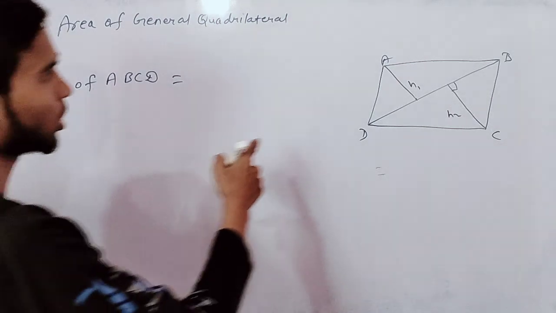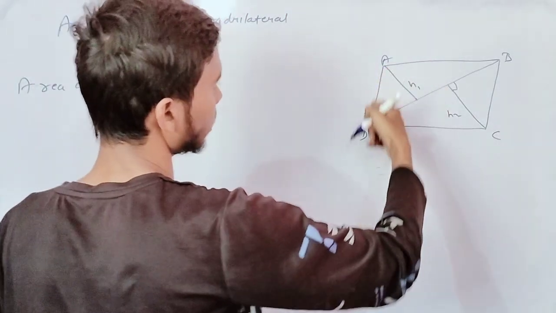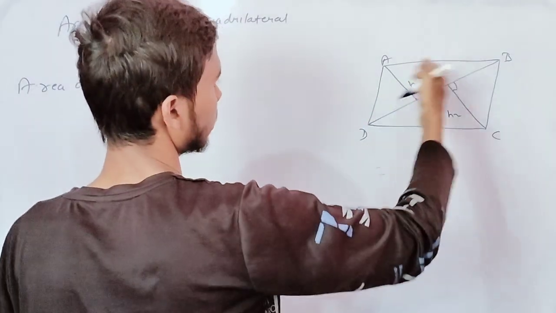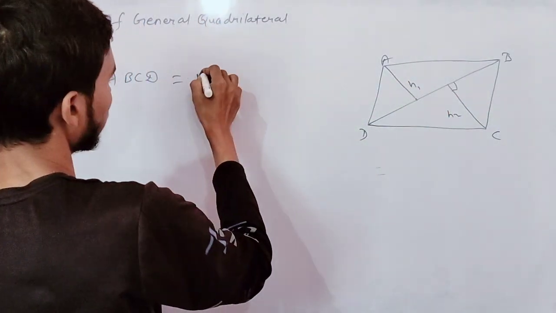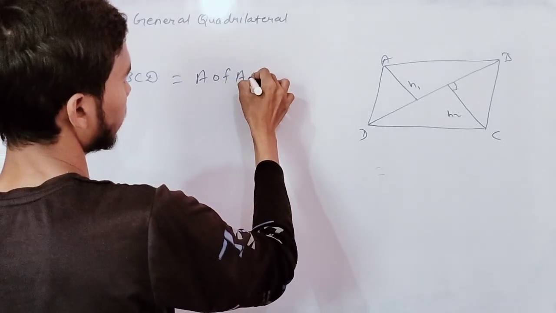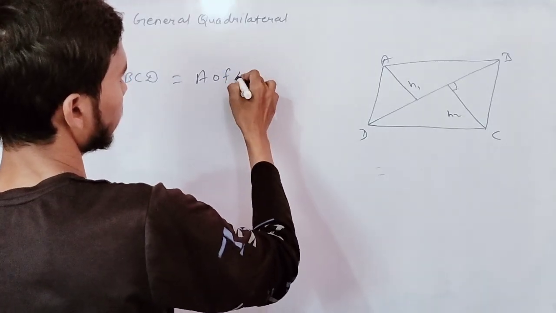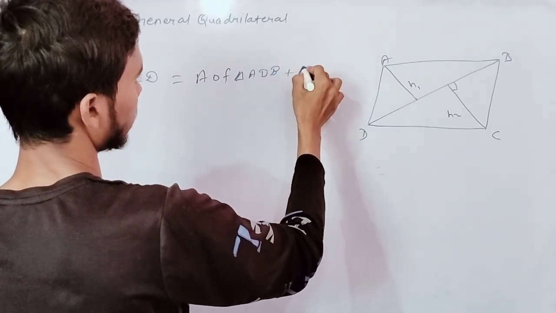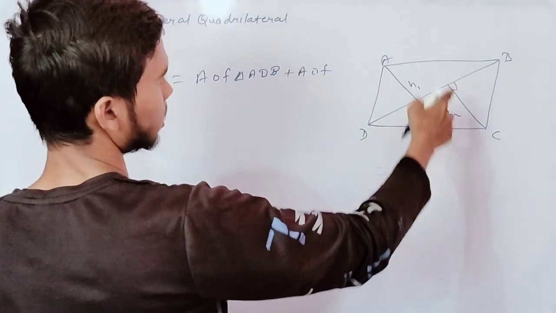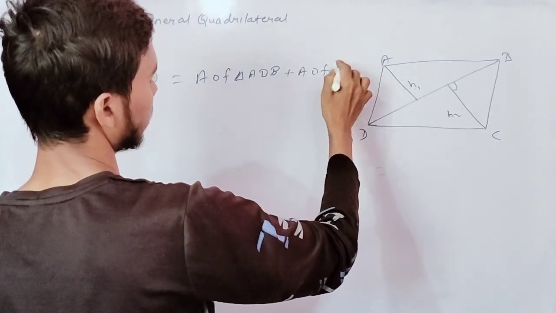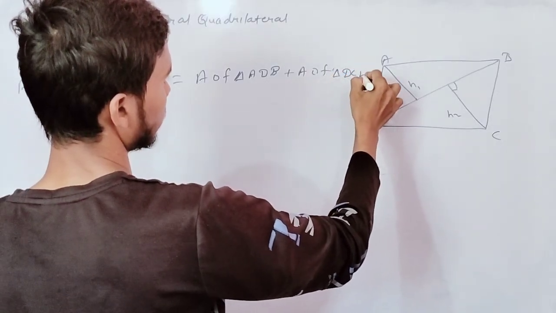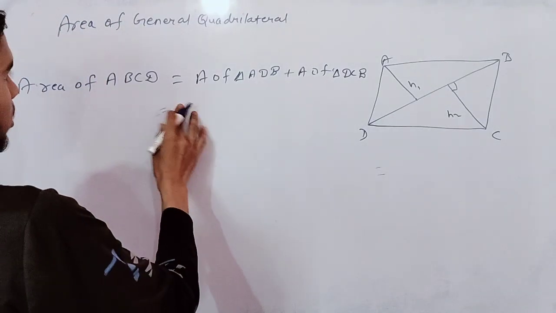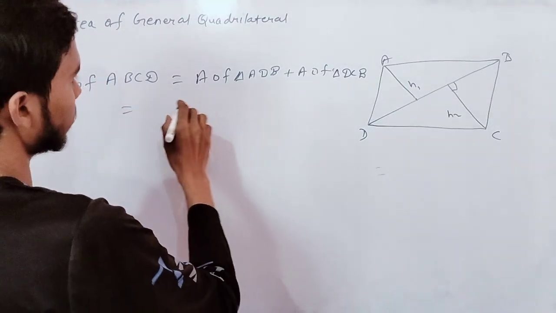We have two triangles, ADB and BCD. Area of triangle ADB plus area of triangle DCB.